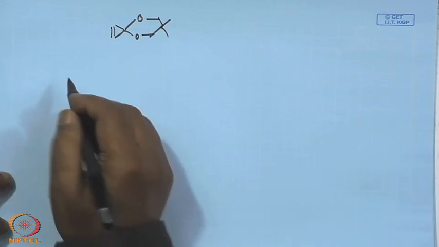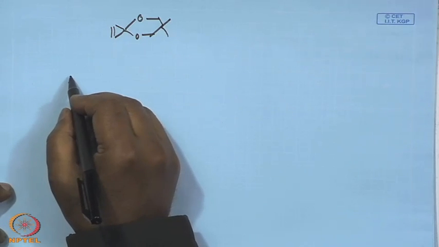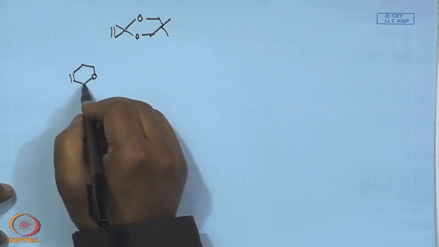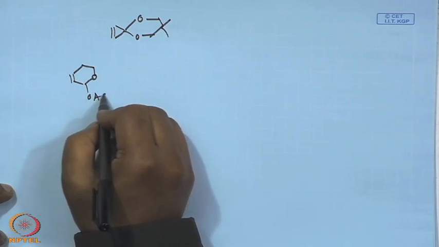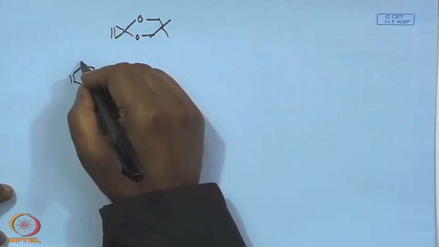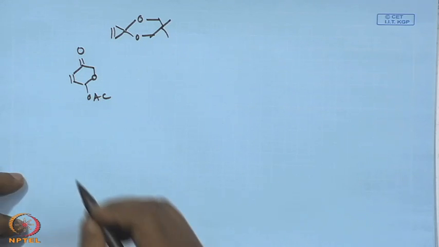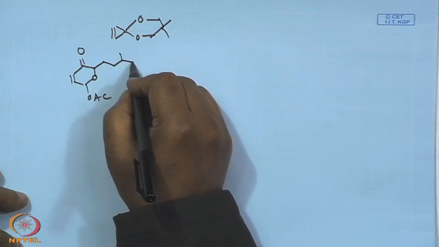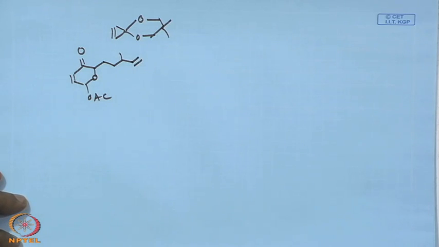Okay. Now, let us look at one more example. It is not a simple pyrone. We have this 6-acetoxy pyrone, and now you have a substituent here with a double bond. You see there is a difference now. What is the difference?